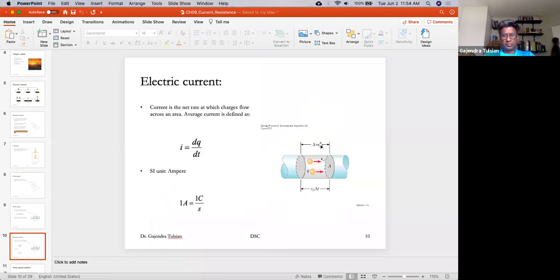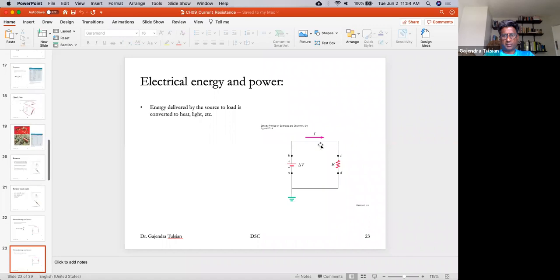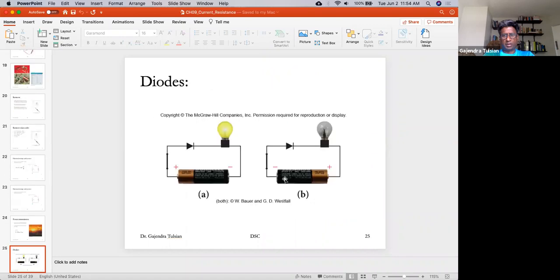So what is happening here? In this case, the bulb is not lit. It turns out that here's a device. This is called the diode. This is the positive terminal of the diode. That's the negative terminal of the diode. The diode lets through current only in one direction.